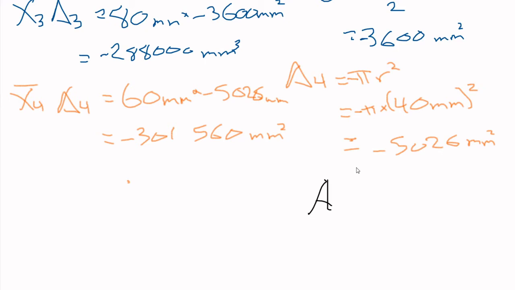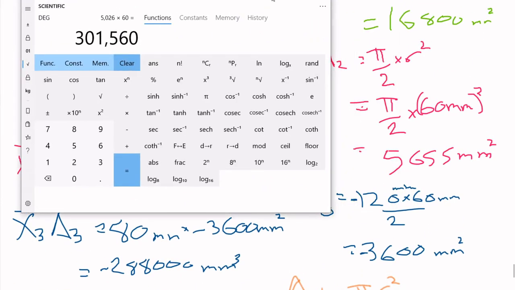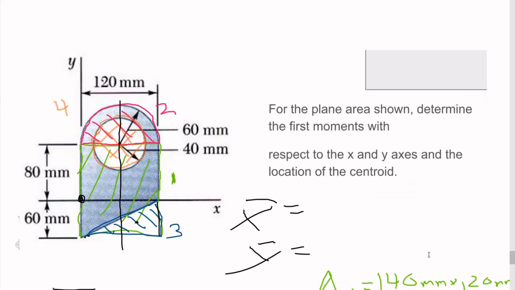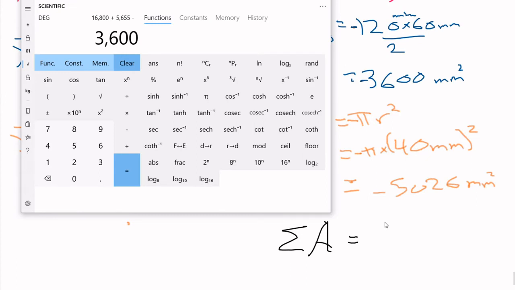The sum of our area is 16,800 plus 5,655 minus 3,600, and then also minus 5,026.